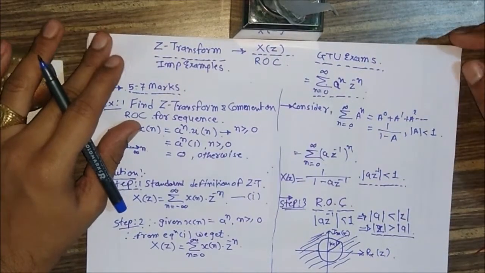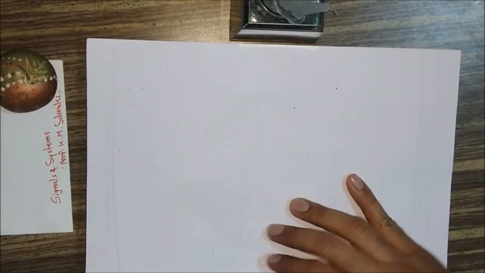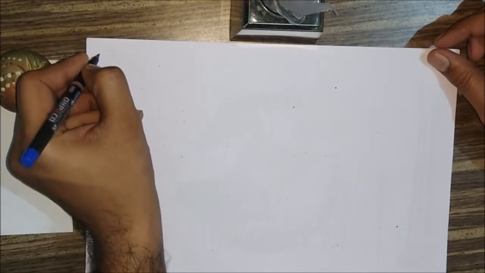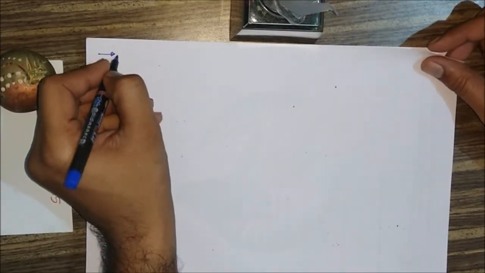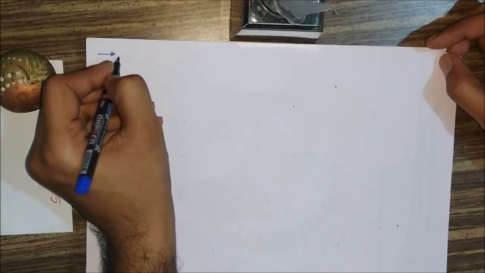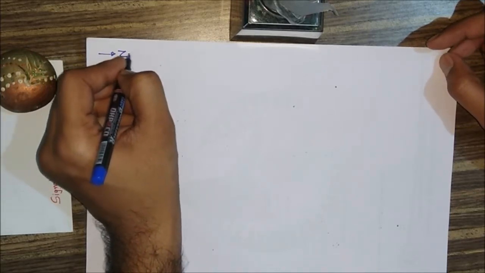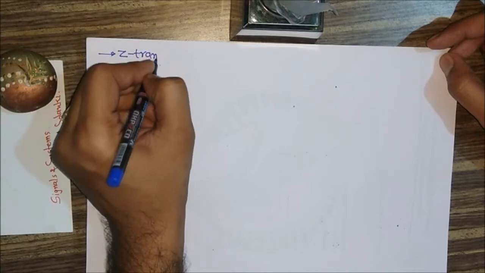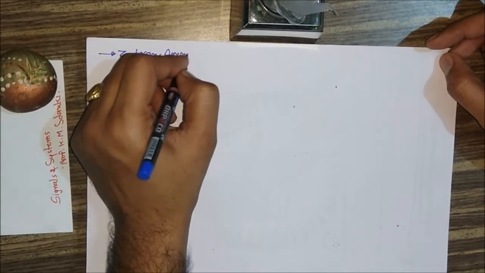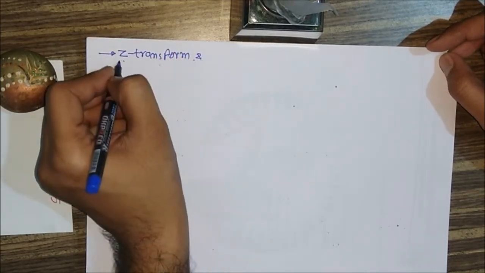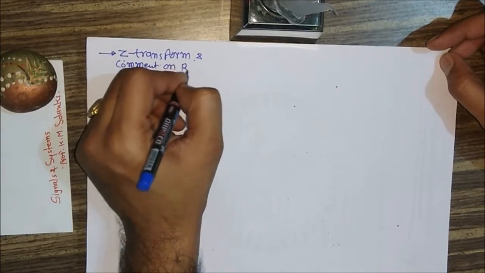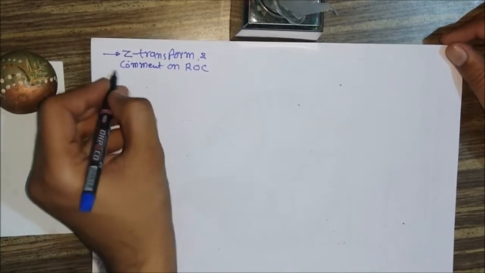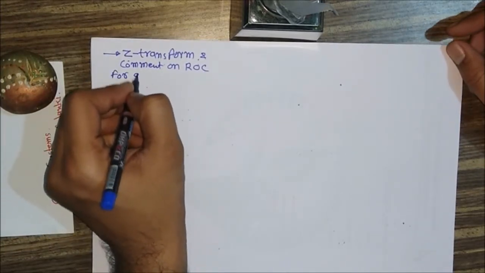Okay, so now we will see the next type of example based on the same concept of Z-transform, but the condition for this second example is somewhat different. So let's find the Z-transform and comment on the ROC for the given sequence.